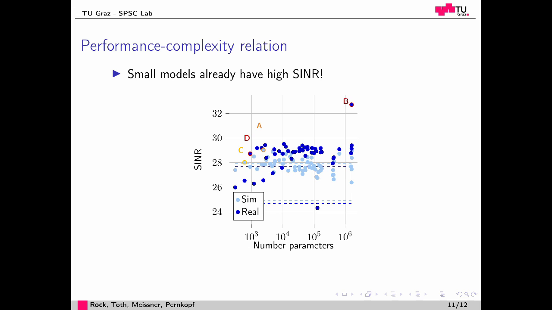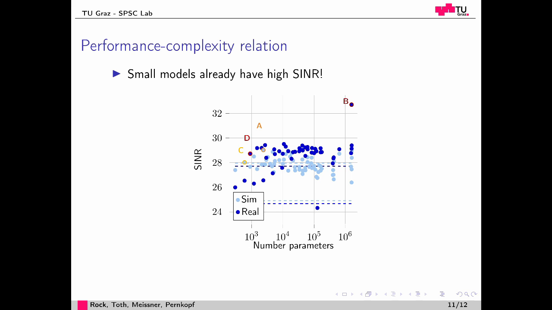And we can see that already very small models, which are the models in this corner of the plot, they already yield a very high SINR performance. So the smallest model trained and evaluated on real measurements, which is marked with a D over here, has only around 1000 parameters, which is very small in the context of deep convolutional neural networks.